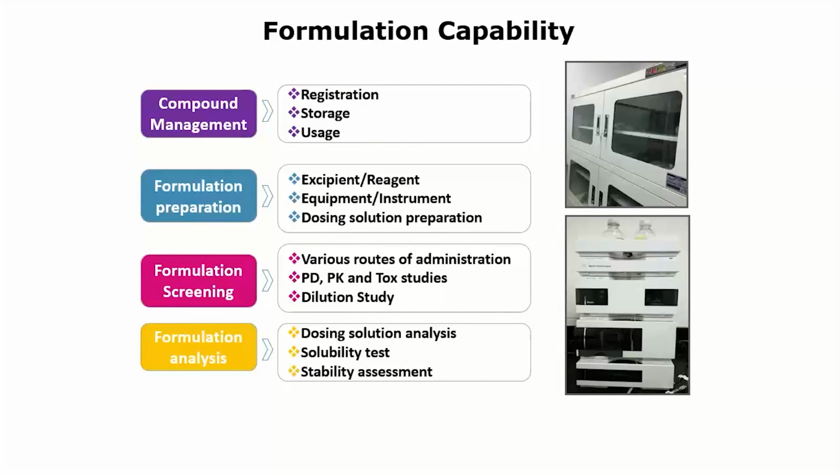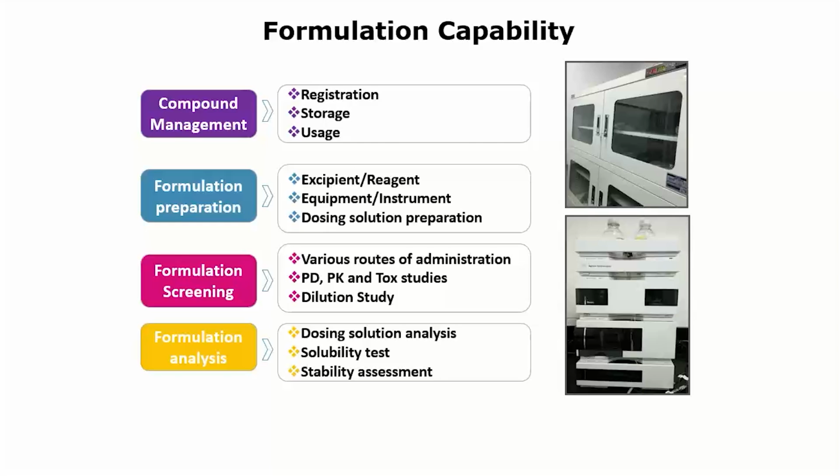We also work with CMC because some of the clients want to do GLP tox further. We do compound management, formulation preparation, and formulation screening. We have different formulas. We've been working with so many clients, and different clients have different criteria for formulation selection.